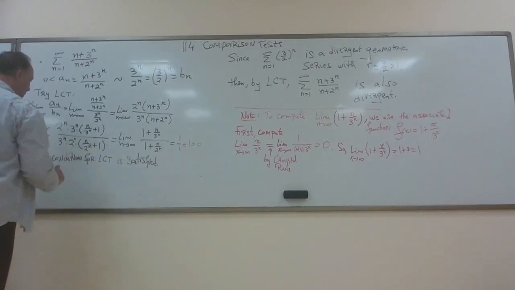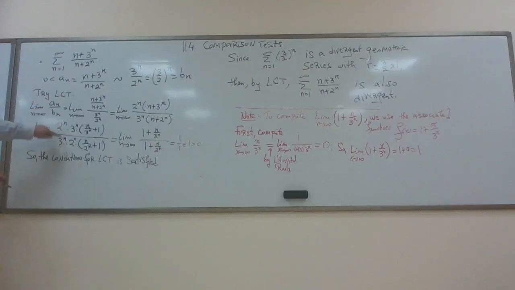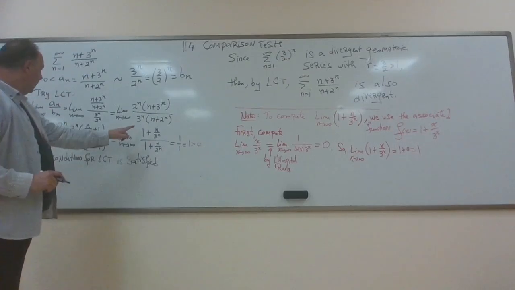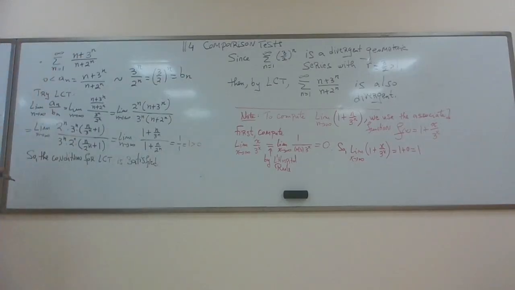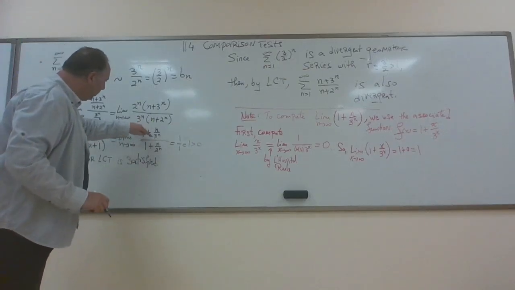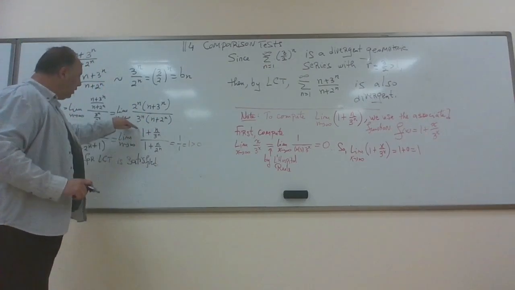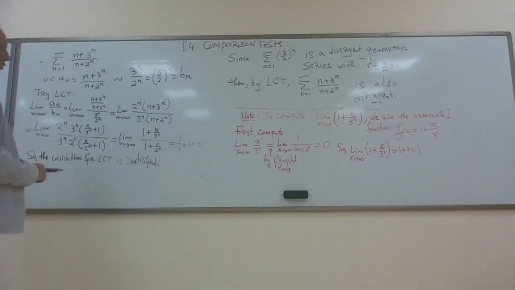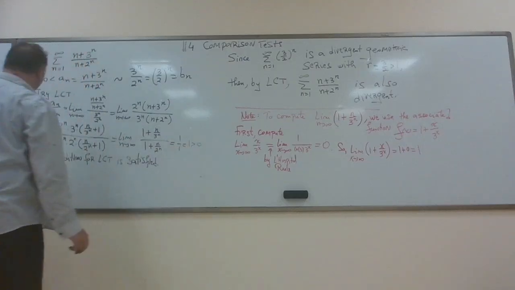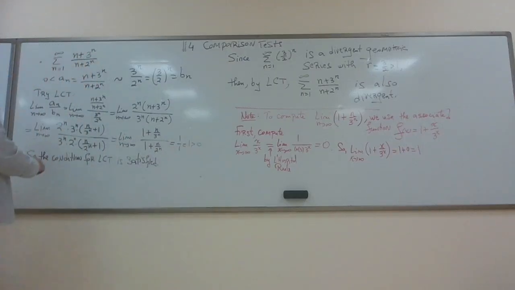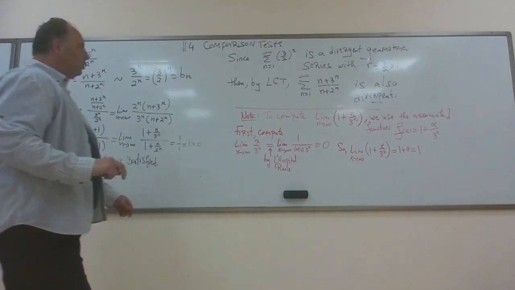This way I see that I have 2 to power n, 2 to power n, 3 to power n, 3 to power n, so they will simplify, and I end up with this expression here. We know that the limit here will be 0, we need to compute it, but okay. So the limit upstairs is 1, the limit downstairs is 1. So the limit of the ratio is 1, which is bigger than 0, so the condition for the limit comparison test is satisfied. So now we can apply the result.